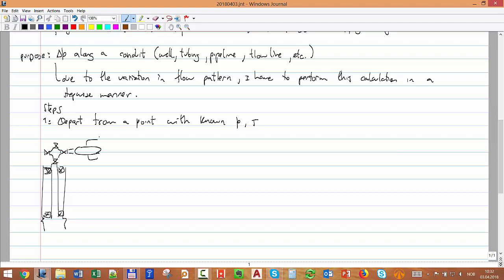If that separator is far away, then I have to assume, because I don't have the pressure yet, or I go from the separator upstream. That might be an option. But I depart from a point with known pressure and temperature. If I know, for example, this pressure, then I move co-current, or if I know that pressure, I move counter-current, exactly like we have done before.